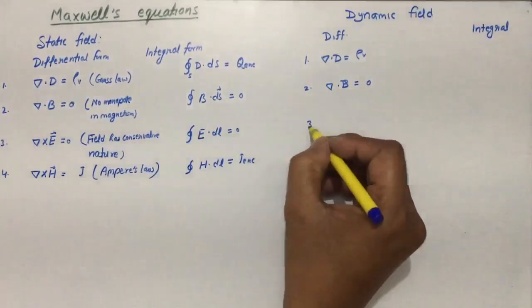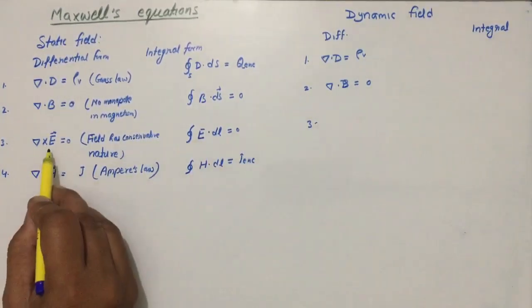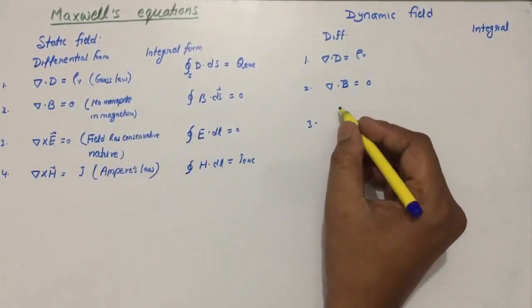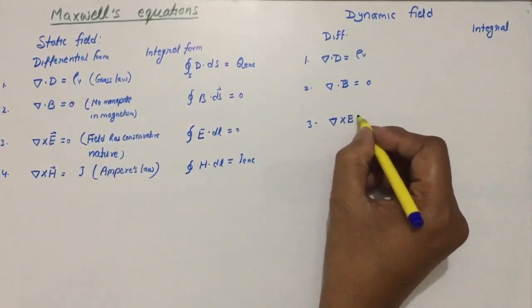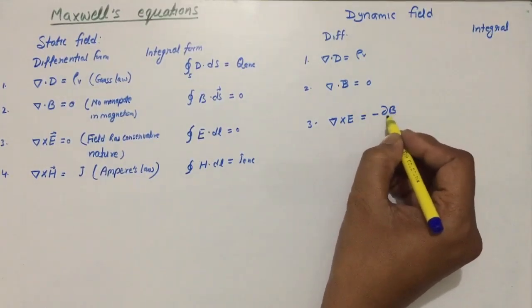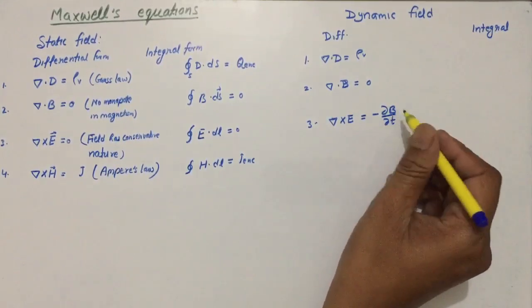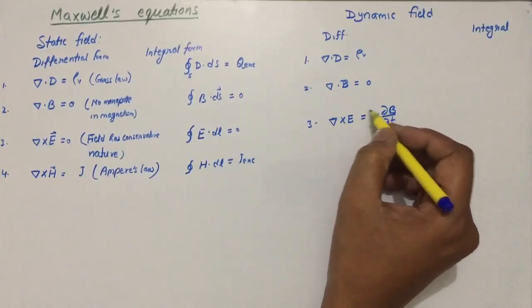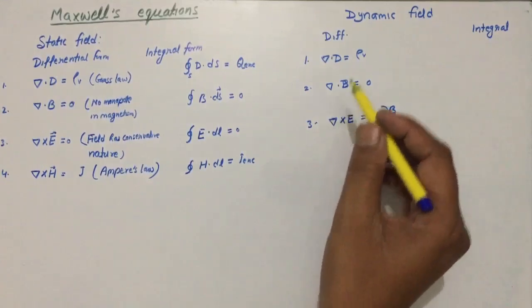Now the third equation, showing the conservative nature of the field: when it is varying there will be a magnetic field, and the curl of E will be the rate of change of magnetic flux density. If B is time varying, then we will get this relationship. That is the third law of Maxwell's in the dynamic field.